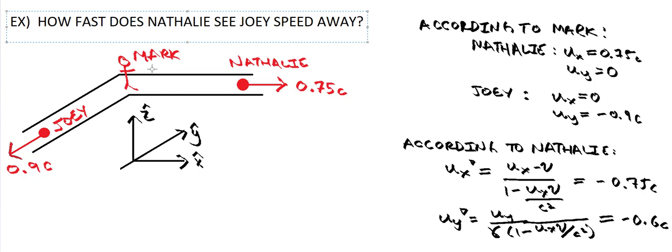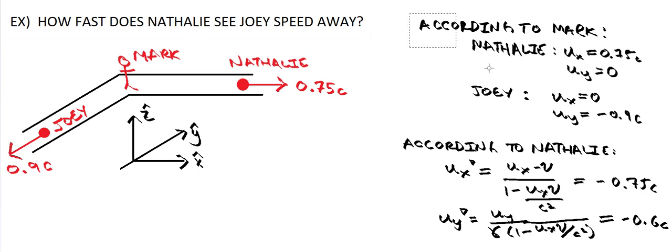And so Natalie and Joey are traveling along the x-axis and the negative y-axis. Natalie has a velocity of 0.75 c, very, very fast, 3/4 the speed of light along the x-axis, as measured by Mark. Joey has a speed of minus 0.9 c along the y-axis, again, as measured by Mark.